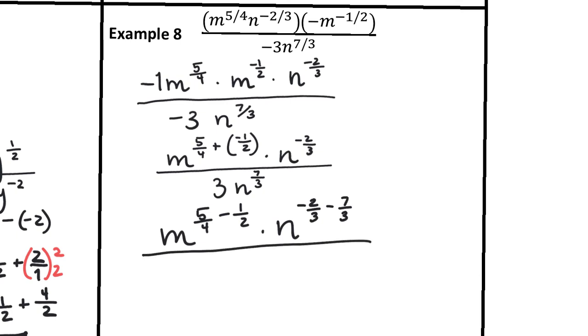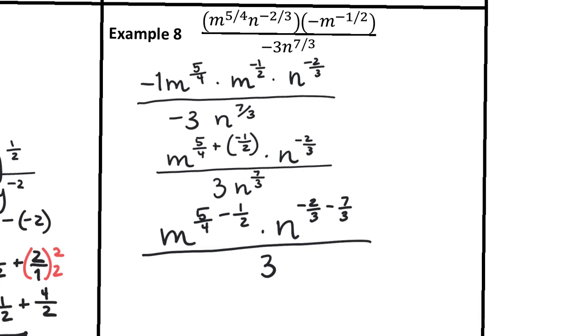Divided by, so what stays on the bottom, because remember the n's are subtracting, so it becomes an n on top. And what stays on the bottom is the 3, because we haven't messed with the 3.